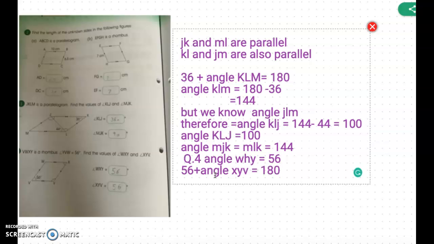So angle XYV is equal to 180 minus 56, which is equal to 124, right? That's the answer for this part. I hope it's clear now.